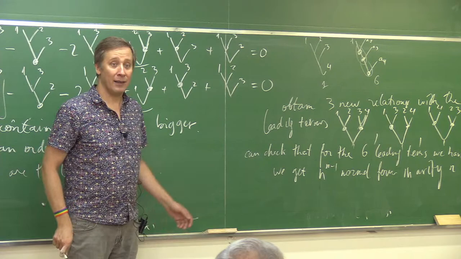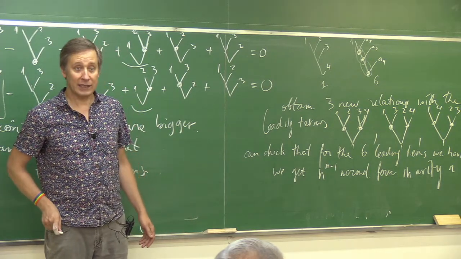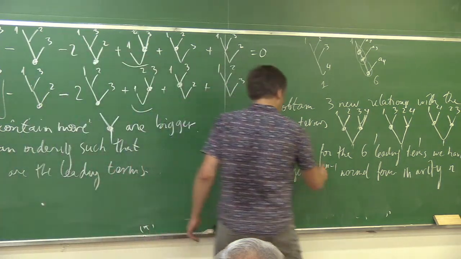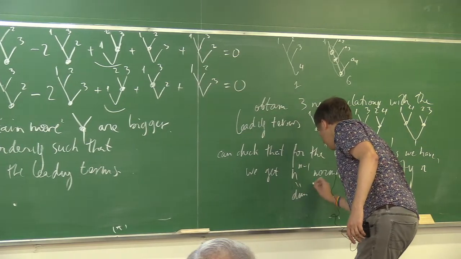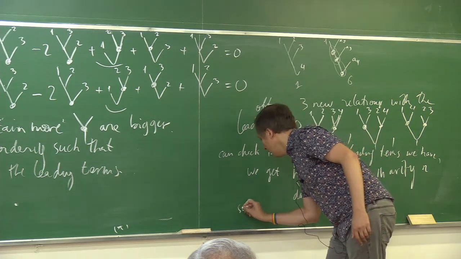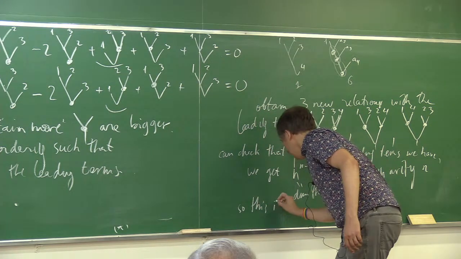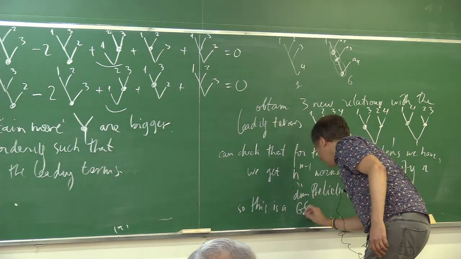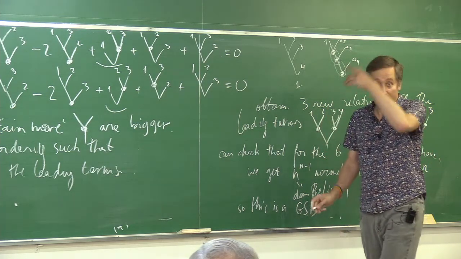It's already the known basis. And this is equal to the dimension of PreLie of n. So this is a Gröbner–Shirshov basis.